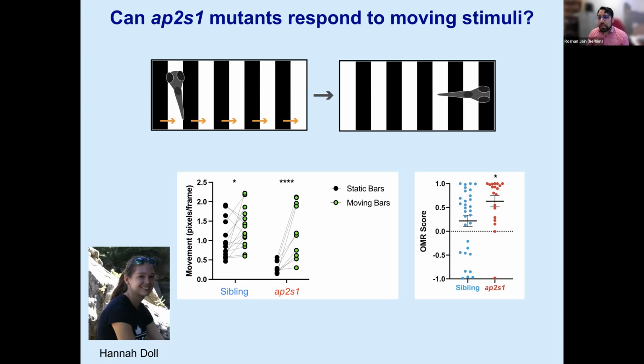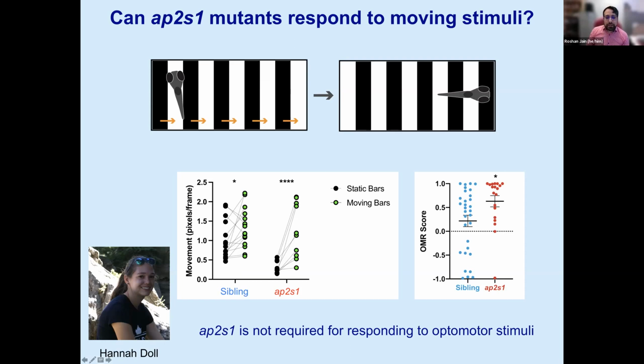They can orient themselves in the correct direction, and if anything, they're actually better at orienting themselves and moving along this visual path. So this suggests that the AP2 complex is not actually required in general for visual responses and for responding to at least some moving stimuli. So there seems to be a difference in terms of which visual stimuli it's impacting the behavioral responses to.